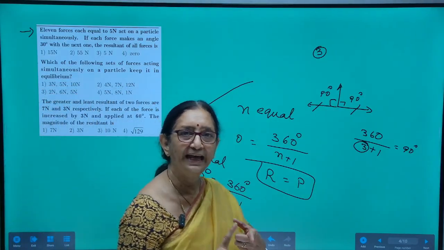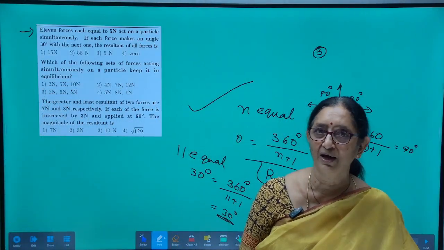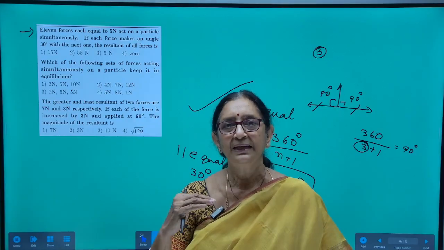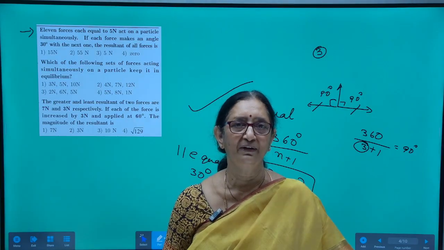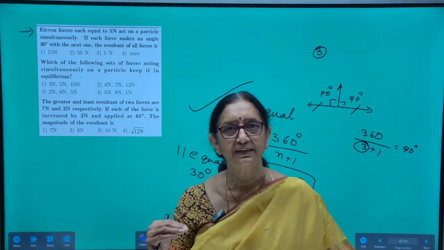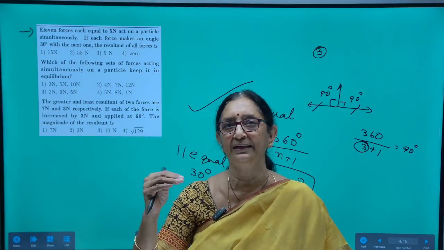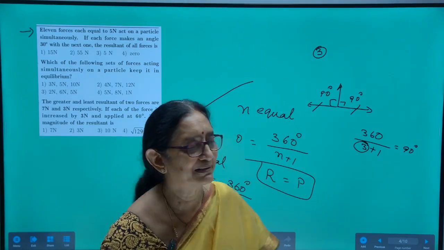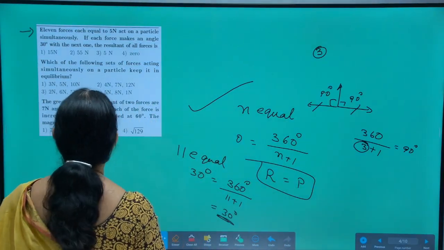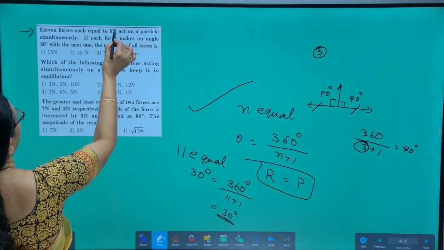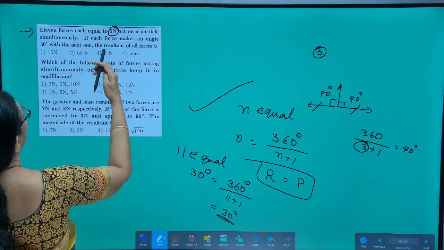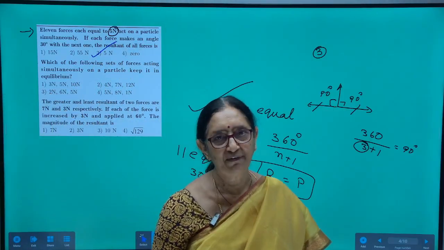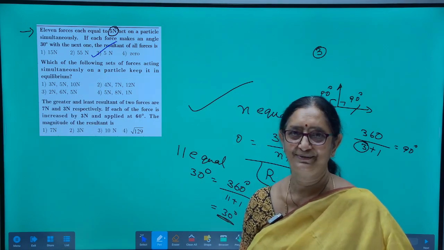When n equal vectors are applied simultaneously on a body such that all of them are of equal magnitude and each vector makes an angle 360 degrees by n plus 1 to the next vector, then the resultant is equal to one of them. So, here each vector is 5 Newton, the resultant in that problem is again 5 Newton, that is the answer.